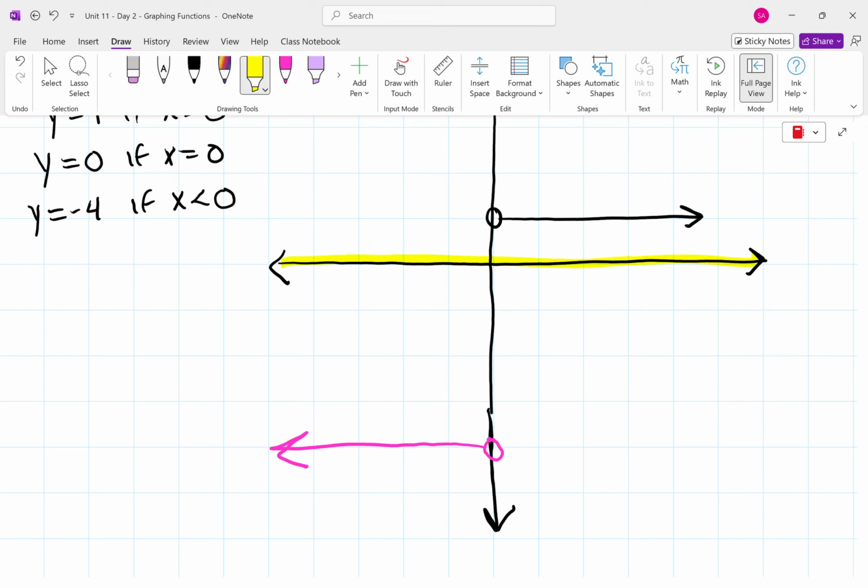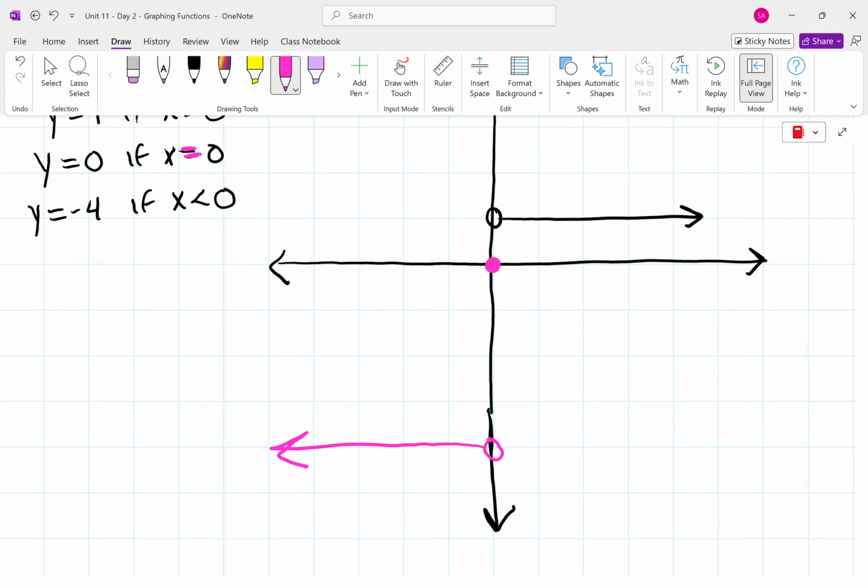Okay, so now the middle one is y equals 0. Do we all agree the y equals 0 is essentially the x-axis? But the restriction is not if x is less than 0 or x is greater than 0, just at x equals 0. So what is that when it's just x equals 0? 1 point. Right there. No line. So all you have is a point. Would it be an open circle? Oh, sorry.